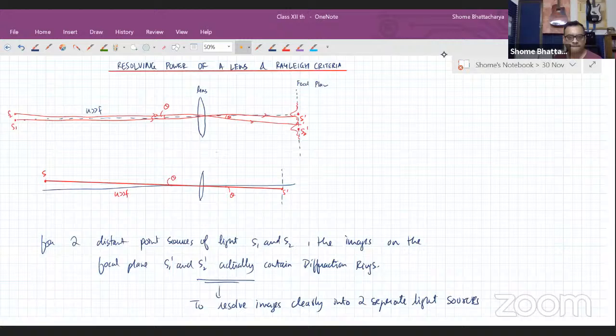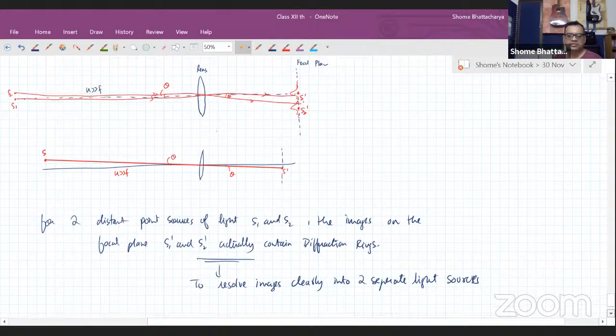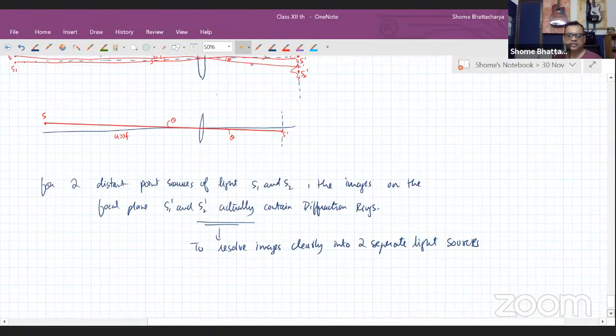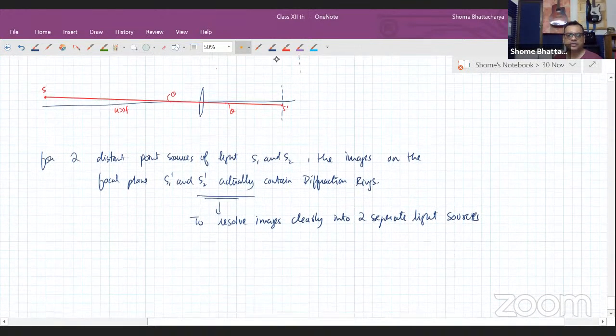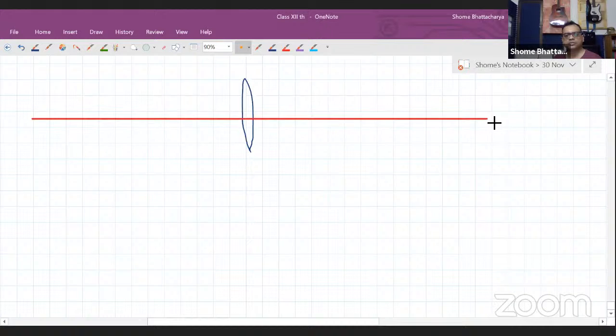The line joining S1 and S1 prime is the principal axis, but S2 and S2 prime is at an angle to the principal axis. Okay, so that is the diagram. At the level of the lens, suppose this is your principal axis.